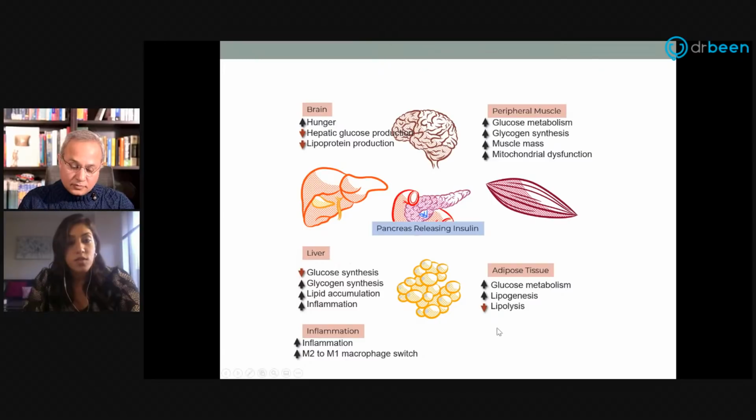The main ones we'll talk about will probably be the muscles, the adipose tissue, and the liver, right? We know that insulin is causing rapid uptake, storage, and use of glucose by almost all tissues of the body, but especially the muscles, the adipose tissue, and the liver. So let's take a look at muscle. In muscle, insulin is going to promote muscle glucose uptake and metabolism.